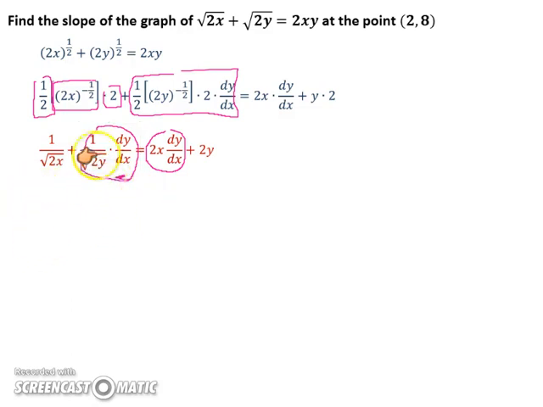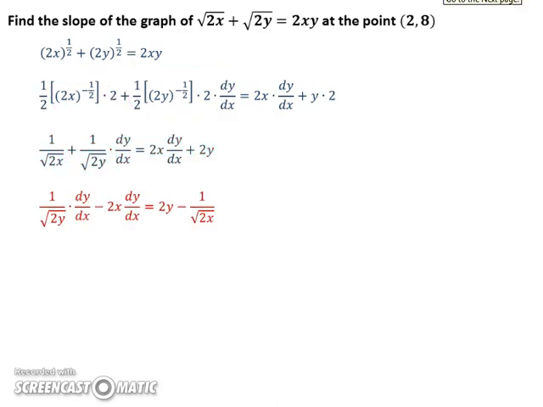Everything's positive, so I would just subtract stuff to move it to the other side of the equation. I put the dy/dx's on the left here. So I took this 2x dy/dx and moved it by subtracting. And then I took this 1 over the square root of 2x and moved it over by subtracting as well. So I just rearranged. There's 4 pieces, and I wanted to get the dy/dx terms on the same side.